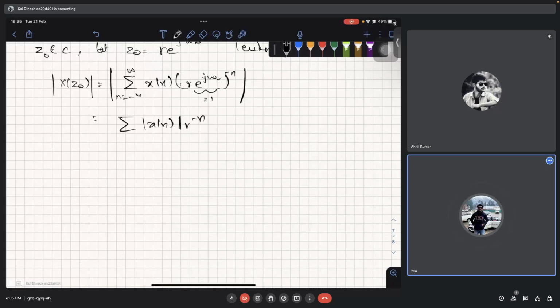Is this finite? This is what you need to find. So when will this converge, and does it always converge? This is what you need to find.